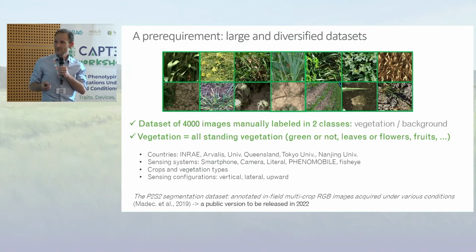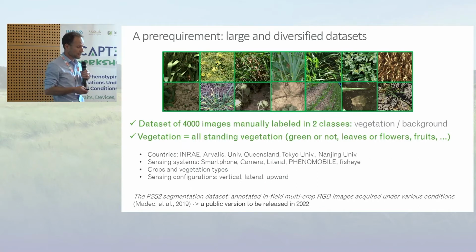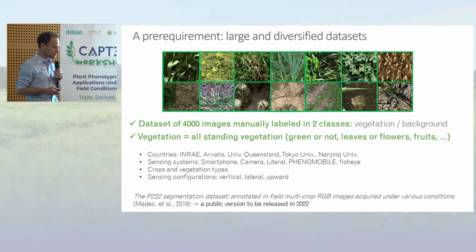Once we had defined what is vegetation and what is background, we collected images, and especially Simon Madec collected images from different countries, from different institutions. Each of these partners uses different sensing systems, such as smartphones, digital cameras, phenomobiles, even fisheye cameras.